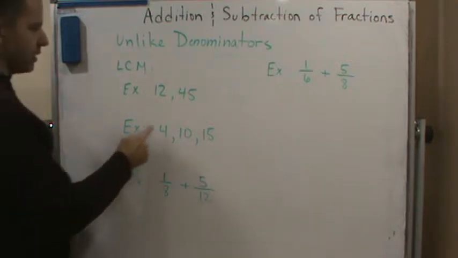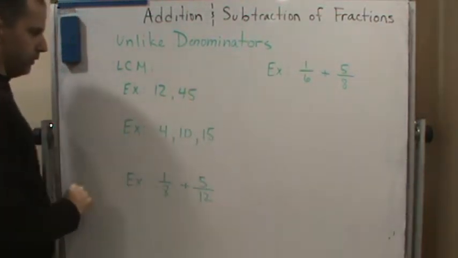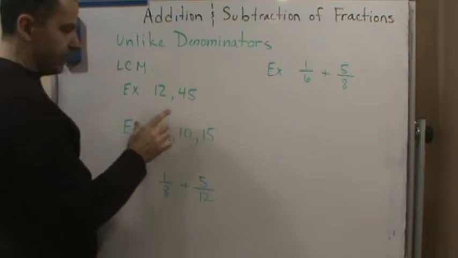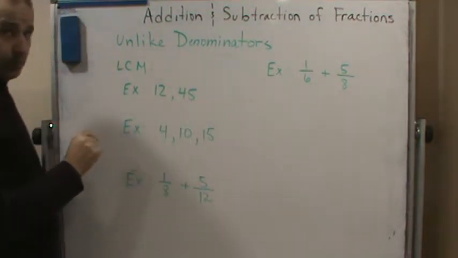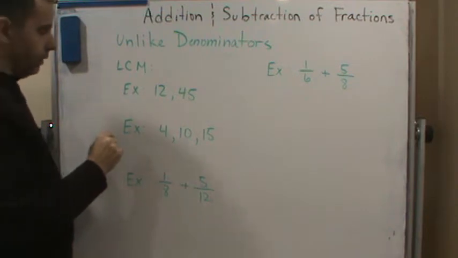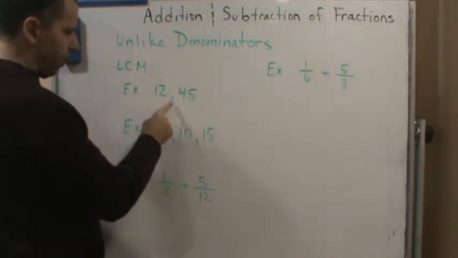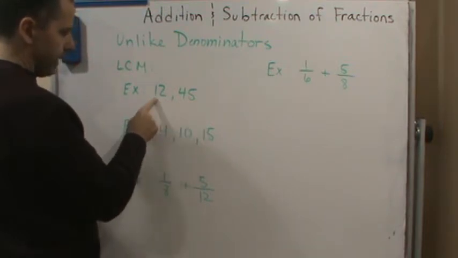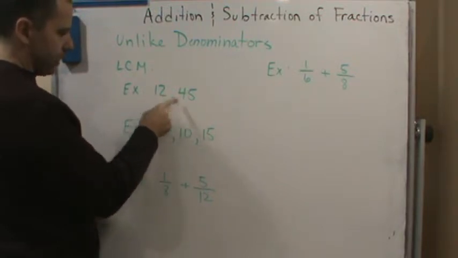So we want the smallest number that is a multiple of 45 and a multiple of 12. For numbers like this, the least common multiple is controlled by the larger number. Obviously 12 is not a multiple of 45, and even if I took the next multiple, 24, it still wouldn't work.